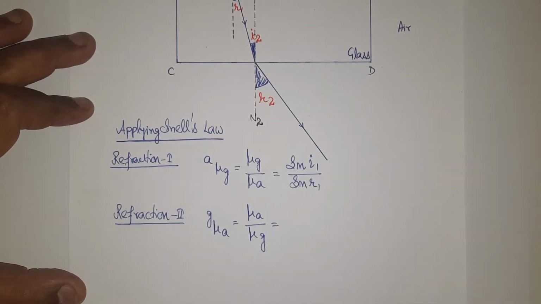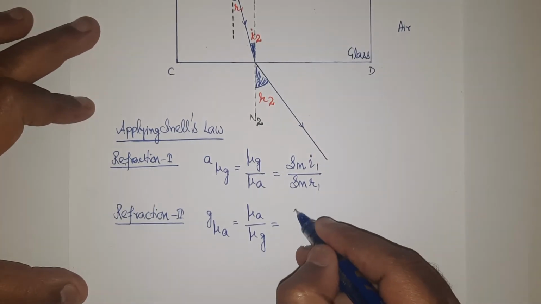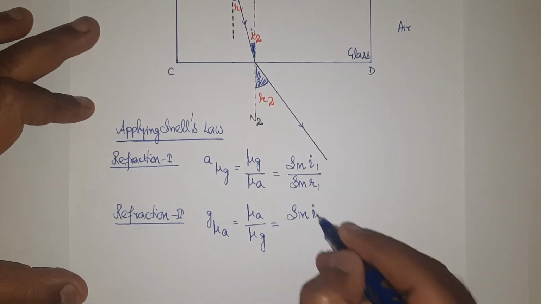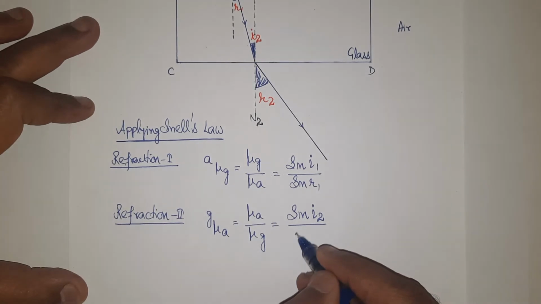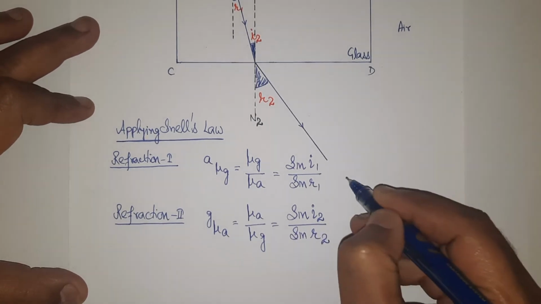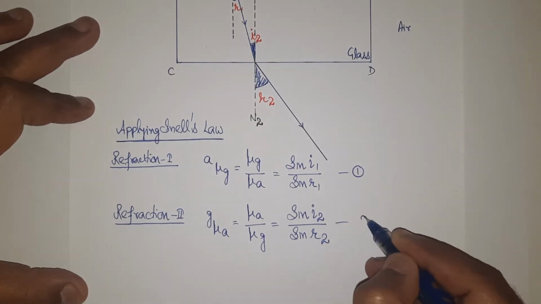This will be equal to sine of the angle of incidence, that is sine of I2, over sine of the angle of refraction, sine of R2. This is equation number 1, equation number 2.